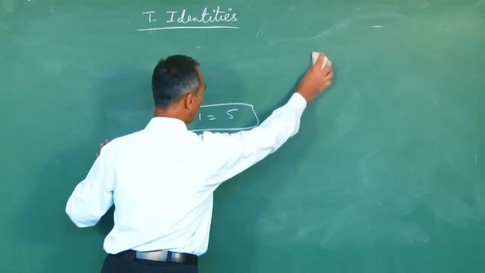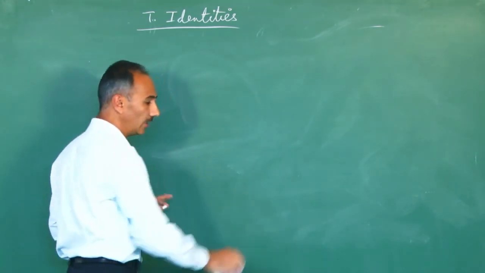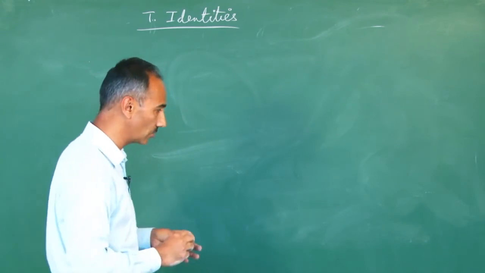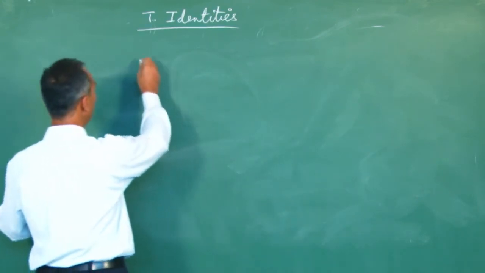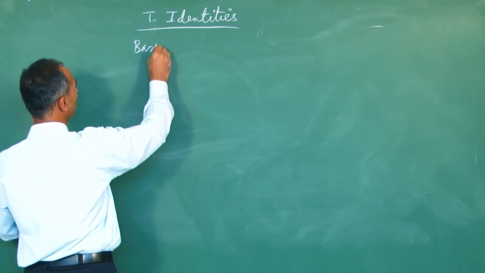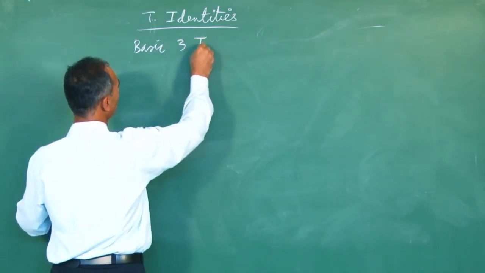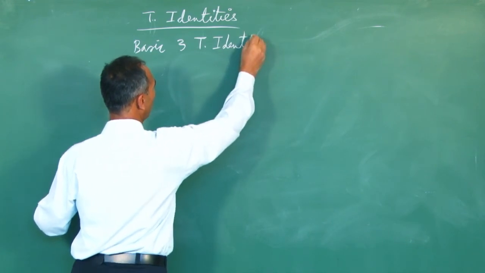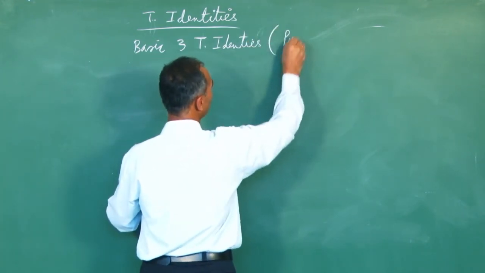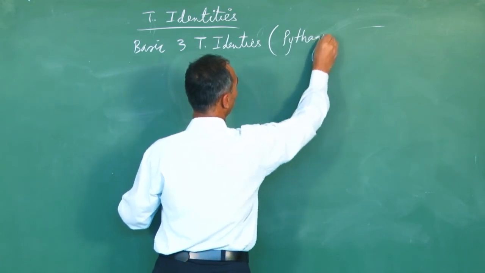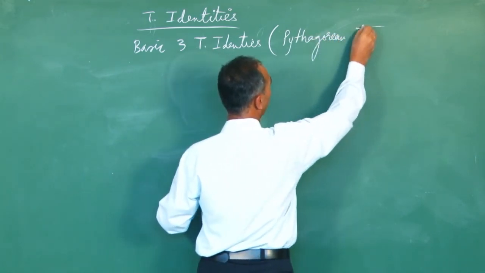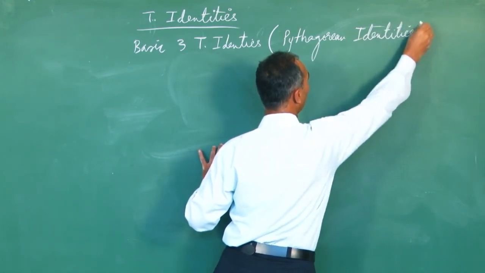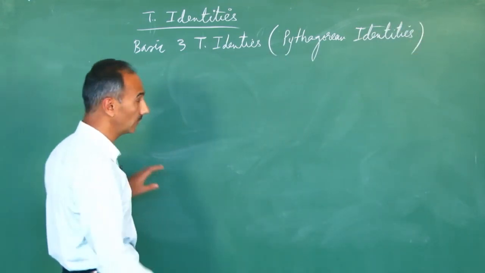So let's first write them. The angle involved, I'm taking as theta. It could be A, it could be alpha, but mostly we take theta. So basic three trigonometric identities are also known as Pythagorean identities. What are they? Let's list them and prove them.